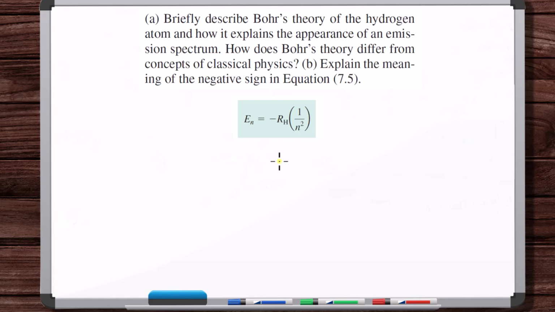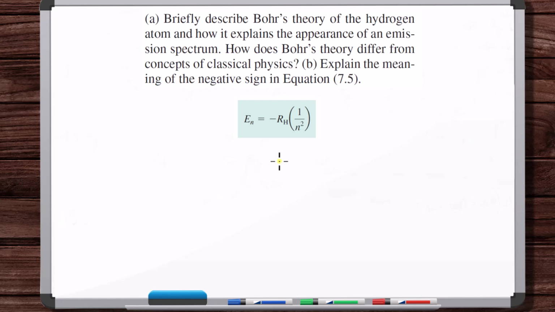Well, let me clarify that. When we're talking about the emission spectrum, we're talking about visible light emission spectrum. So like solids and liquids, when you heat them up or pass electric current through them to where they're glowing, and you pass that visible light through a prism, it's emitting all frequencies of visible light. It's a continuous spectrum.